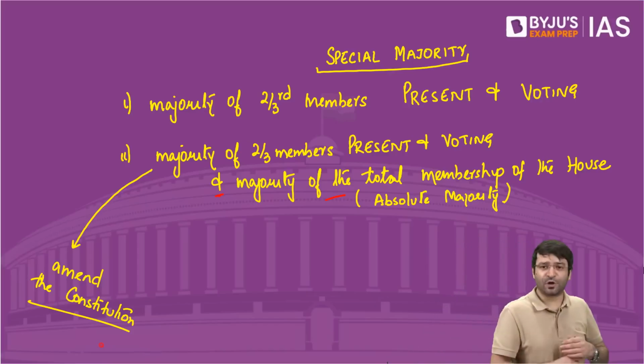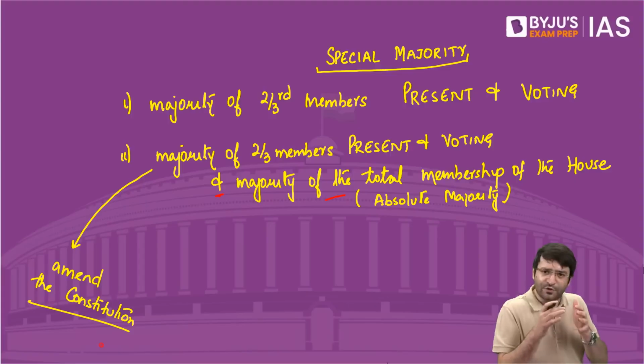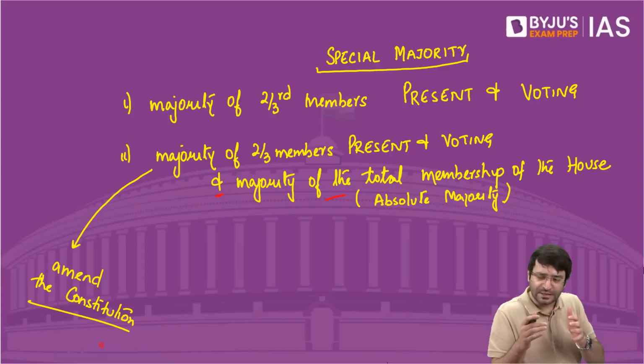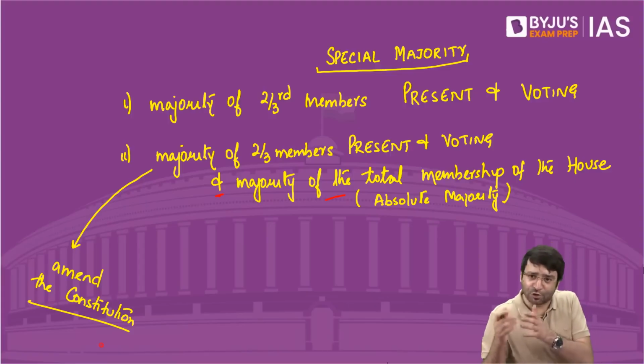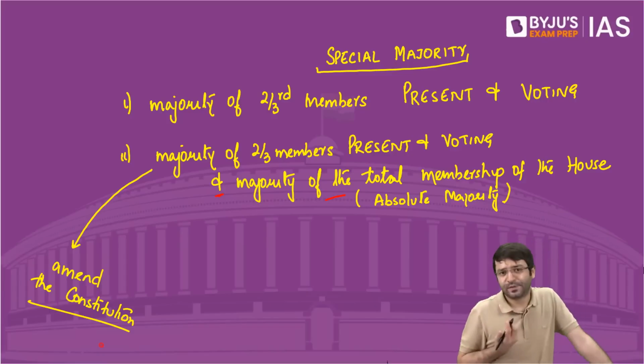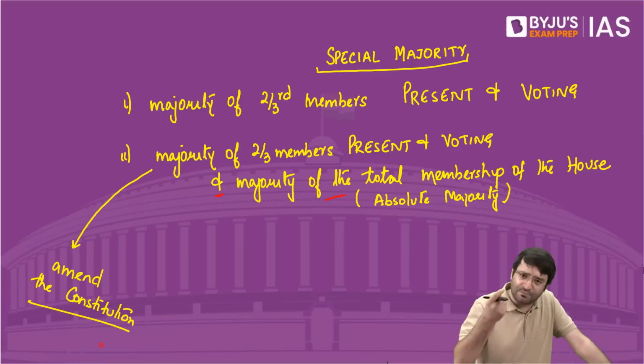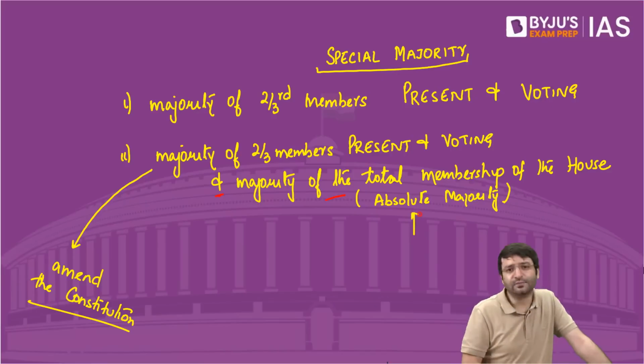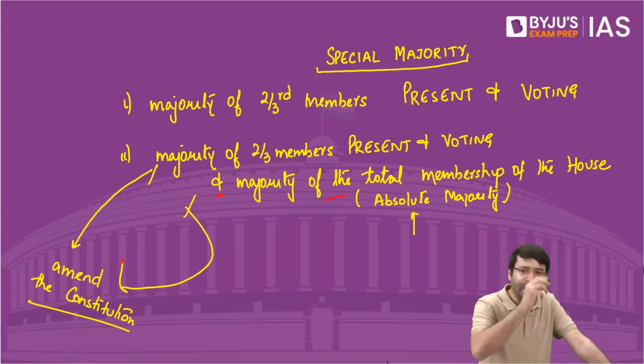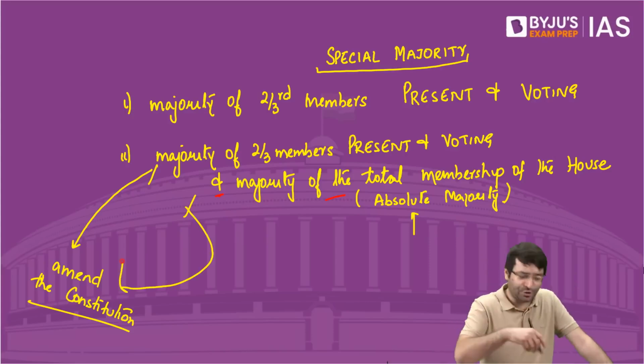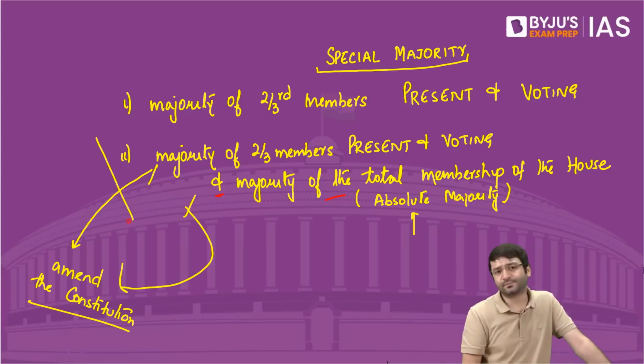The other special majority is majority of the two-thirds members present and voting plus majority of the total membership of the House. And this majority of the total membership of the House is absolute majority. When both these conditions are satisfied, Constitution is amended. And to amend the Constitution, we require this type of majority.